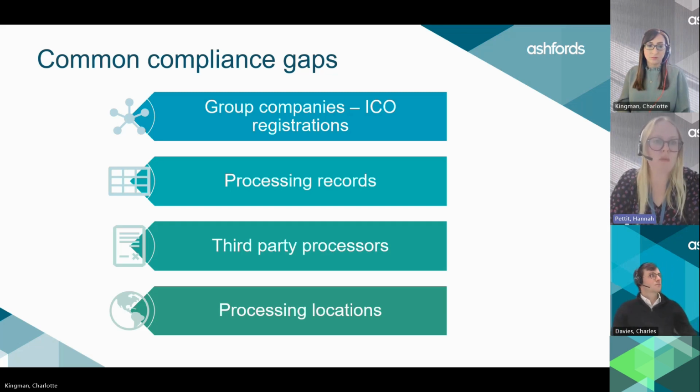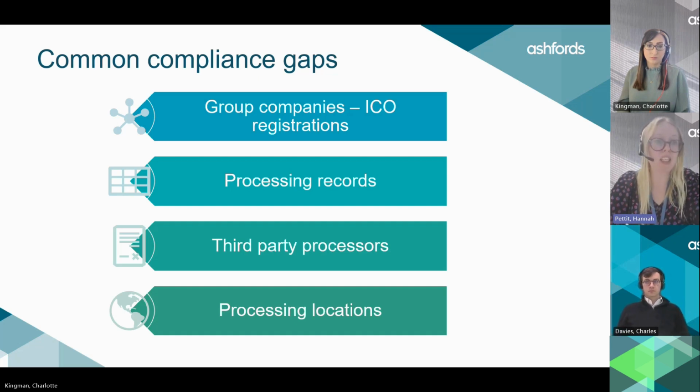So first on the list, we've got group companies and their ICO registrations. Often we see a failure to register all relevant companies within a group. Often you'll see that there's one main trading entity that's been registered and it's all been properly considered, but no one's actually thought about registration requirements for the rest of the group.